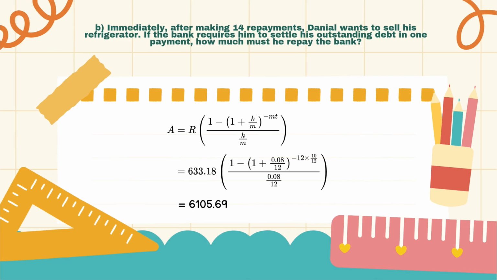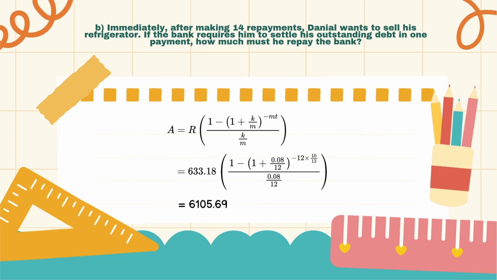So, for the last question, which is B, immediately after making 14 repayments, Daniel wants to sell his refrigerator. If the bank requires him to settle his outstanding debt in one payment, how much must he repay the bank?